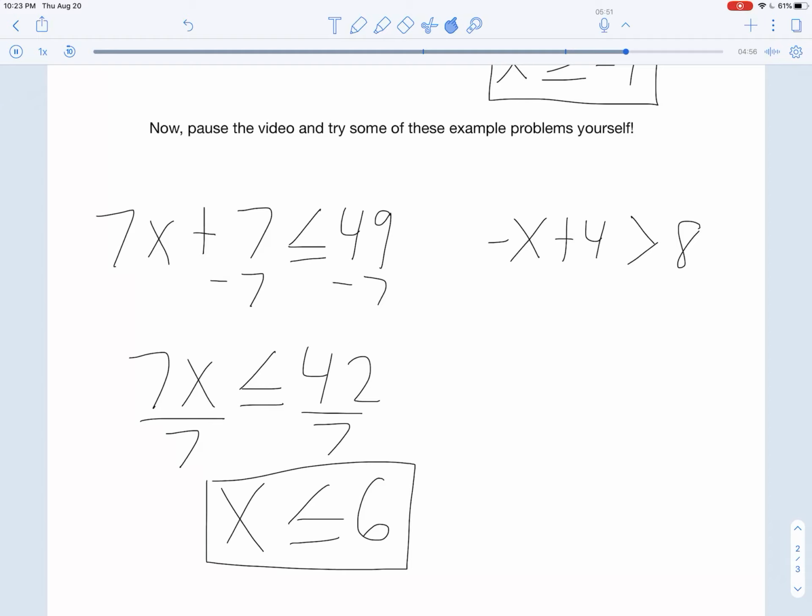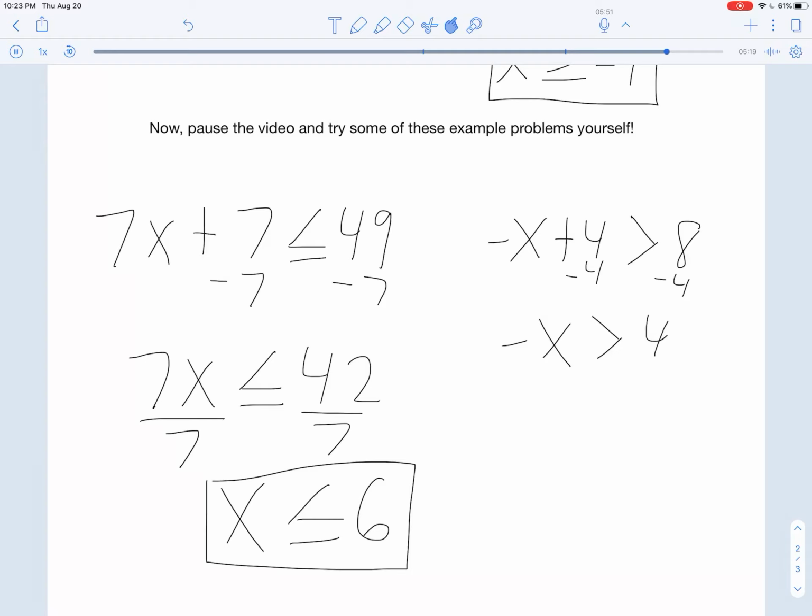Alright, last question. Here we have negative x plus 4 is greater than 8. Since we're adding 4, we subtract 4 from both sides, and we have negative x is greater than 4. Now, we never want to have our answer as negative x within these equations.